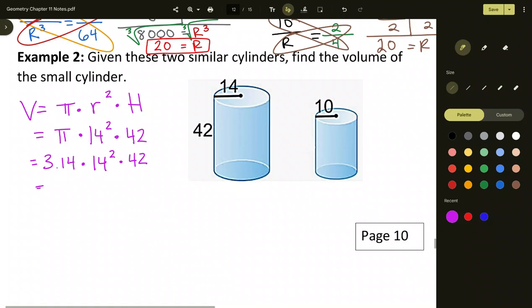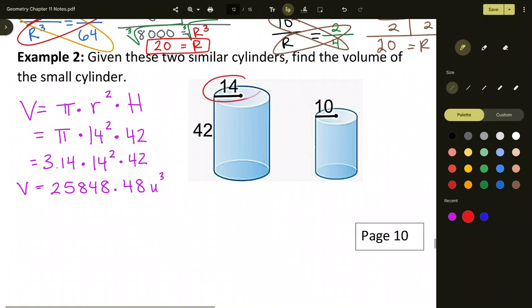All right, so my volume for the large cylinder comes out to be 25,848.48. It doesn't have units on here, so I'll just say units cubed.